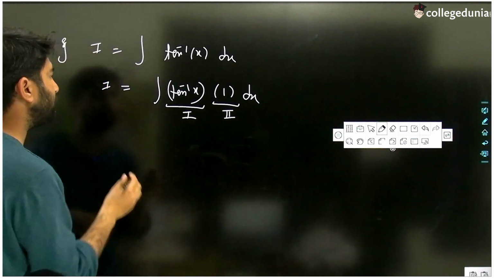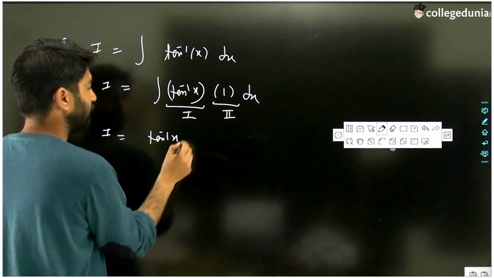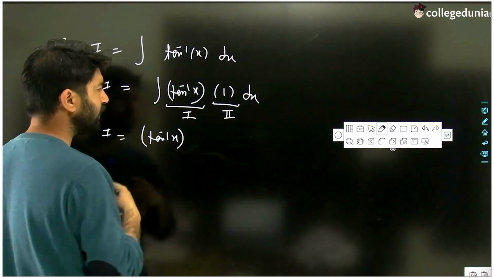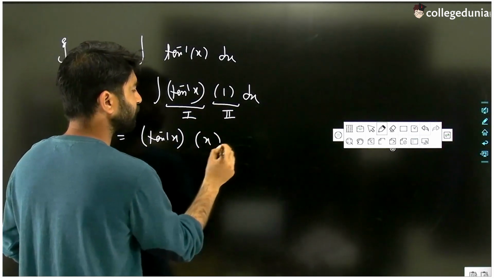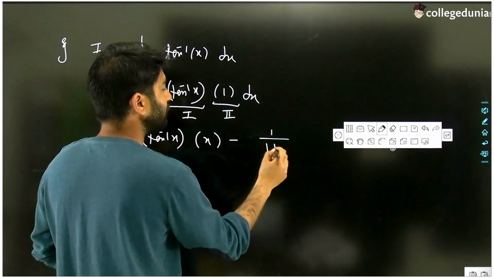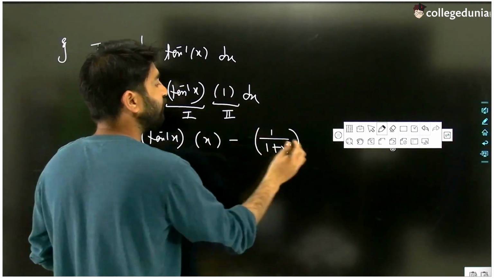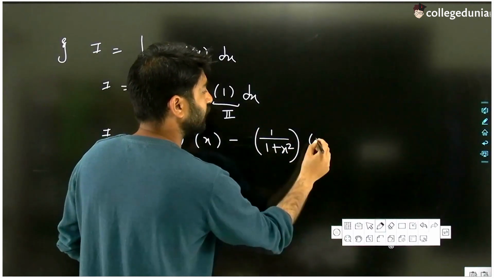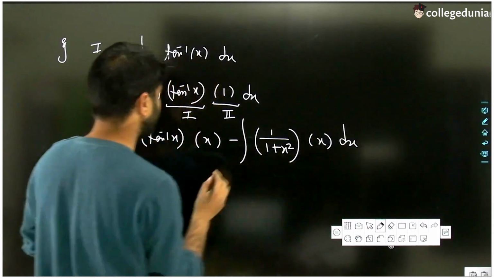According to the by parts rule, the first function is written as it is and the second is integrated. Integration of 1 is x, minus the differentiation of first, 1 by 1 plus x square, and the integration of second, the integration of 1, this is x, and then this entire expression will be integrated again.